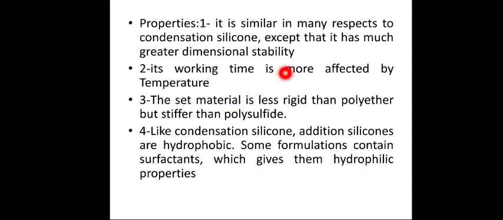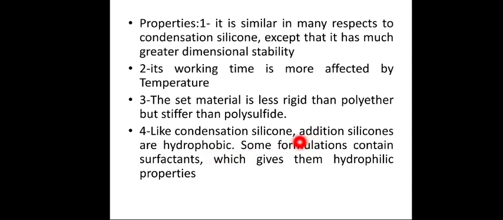The working time is affected by temperature, because heat will increase the speed of the polymerization reaction and give rapid setting. The set material is less rigid than polyether, so it is preferred over polyether.